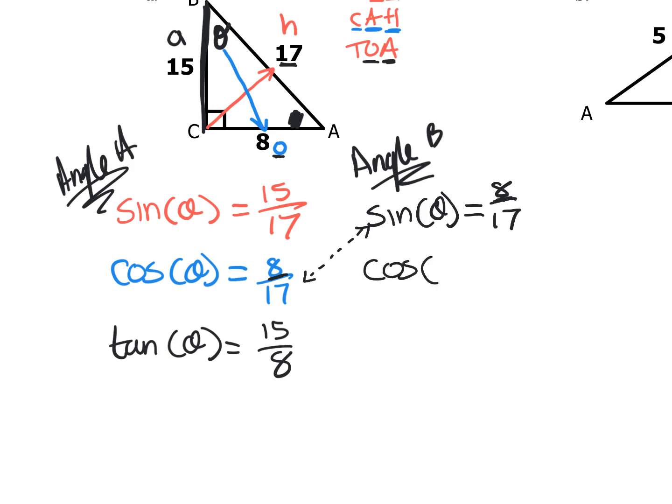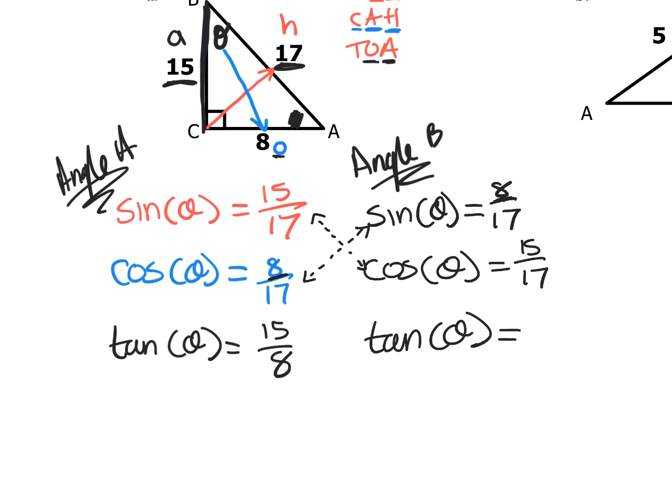Cosine of theta when it's angle B is adjacent over hypotenuse, so 15 over 17. Notice that's the same as the sine of angle A. And then with tangent, opposite over adjacent, 8 over 15. See that these kind of just switched: 15 over 8, 8 over 15.